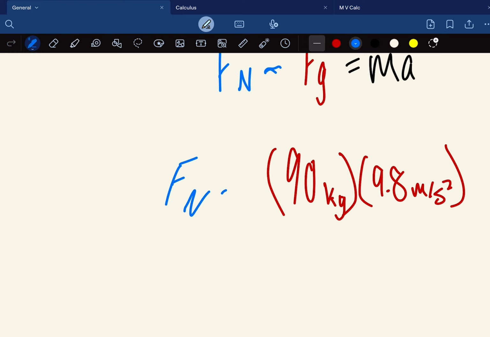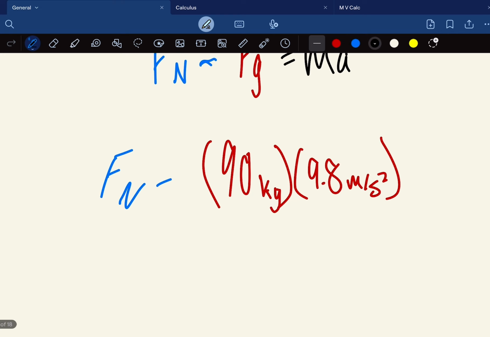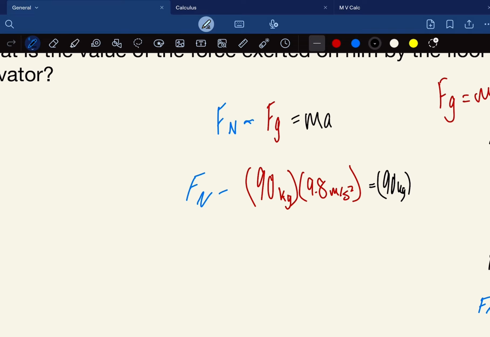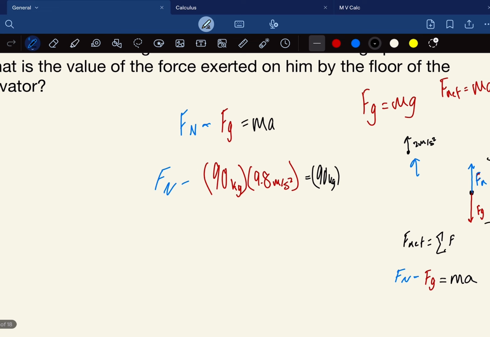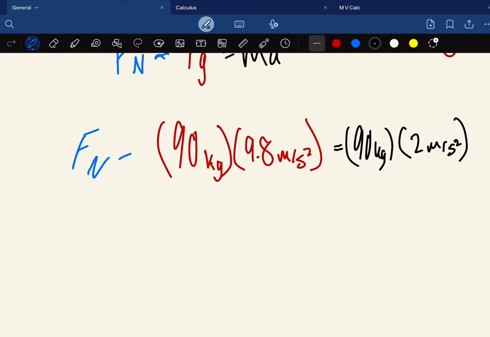And then we have our normal force subtracting that is equal to our mass, which is 90 kilograms, times our acceleration, which is 2 meters per second squared upwards. I keep on saying meters per second, I mean meters per second squared.